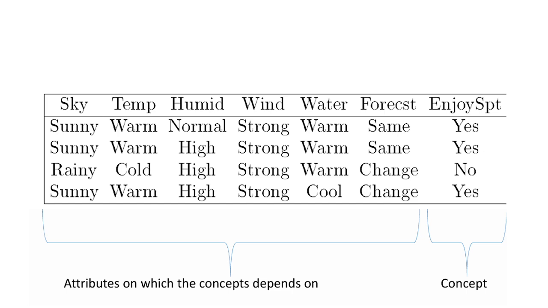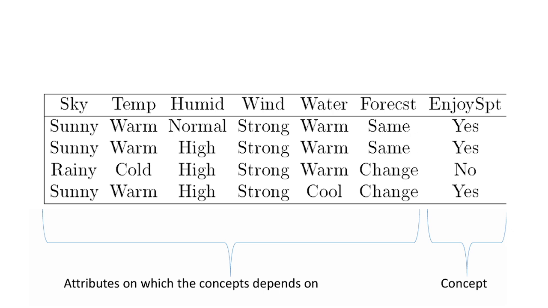For example, you can enjoy sports if sky is sunny, temperature is warm, humidity is normal, wind is strong, water is warm, and forecast is not changing, same. But you can't enjoy sports if temperature is cold, sky is rainy, and humidity is high, and forecast is changing.